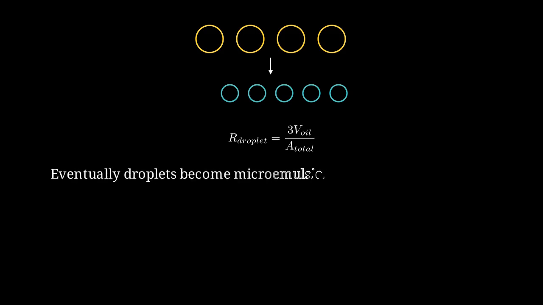Eventually, you reach a state called a microemulsion, where droplets are so small, typically 10 to 100 nanometers, that they're thermodynamically stable. Microemulsion droplets are much smaller than typical emulsion droplets at 1 to 10 micrometers. We can map out this behavior on a phase diagram showing stability versus surfactant concentration.